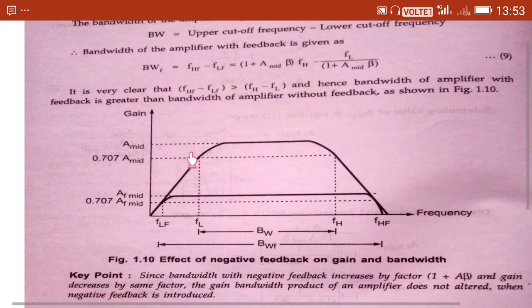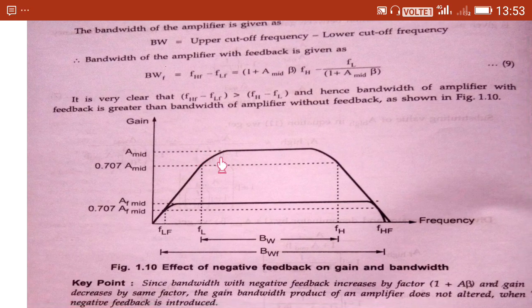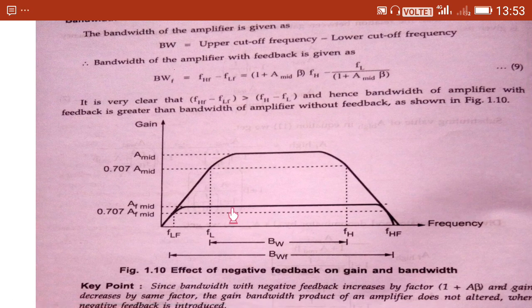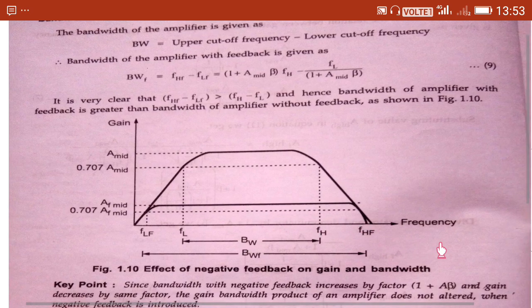This is the frequency response curve for amplifier without feedback, and this is the frequency response of the amplifier with feedback. Now, let us first look into the frequency response curve of the amplifier without feedback.